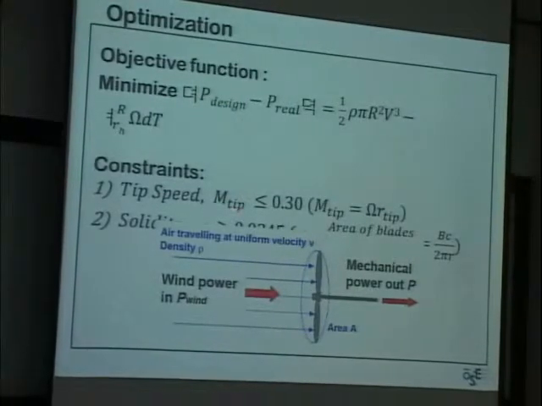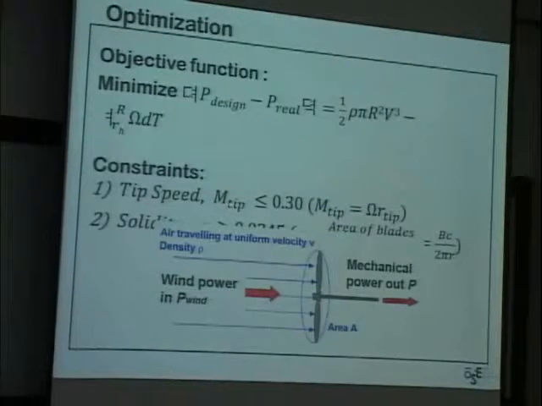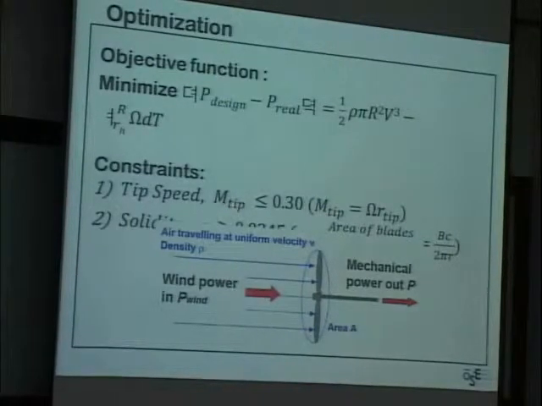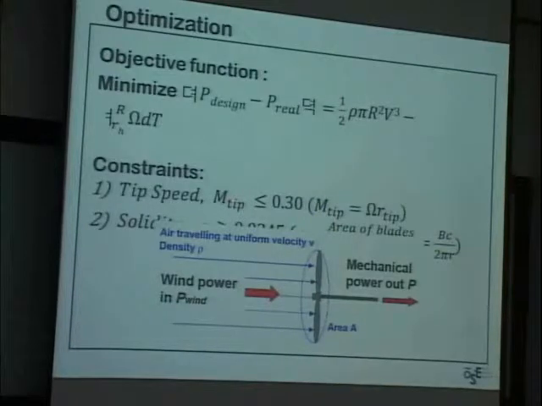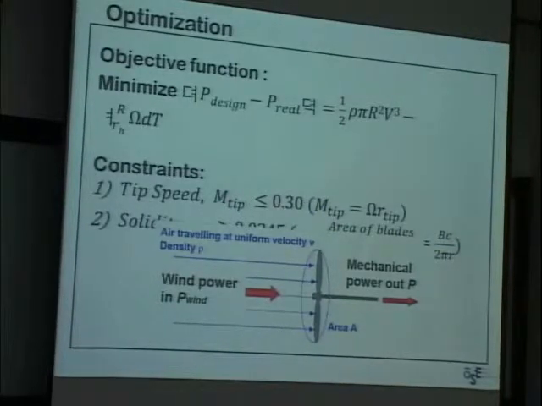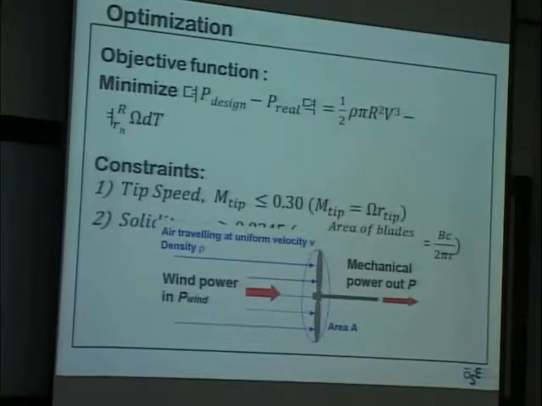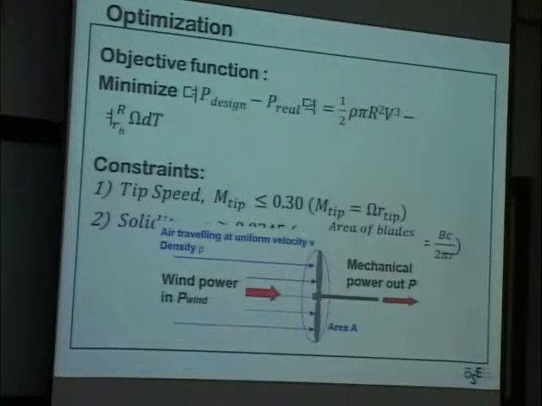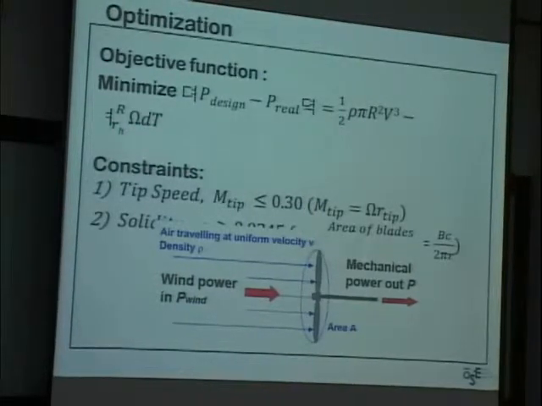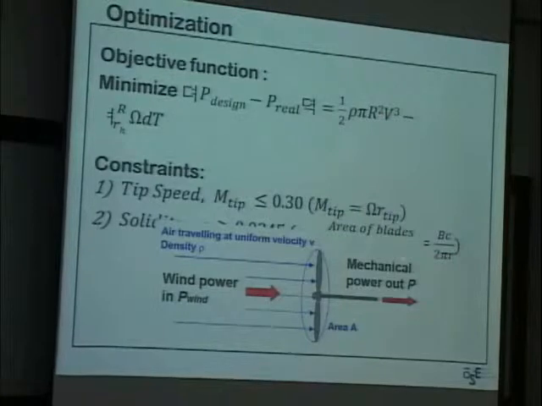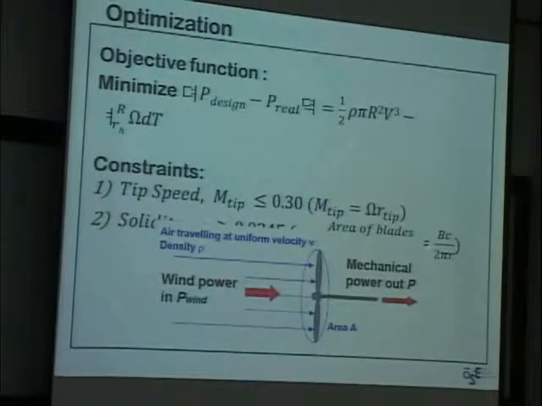the Mach number, which is the velocity of the speed at the tip of the blade. And especially we will minimize the R tip and the omega. And another constraint is the solidity. We also will minimize the radius of the blade.